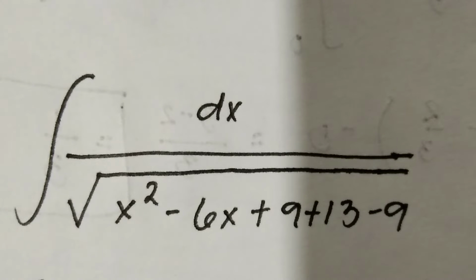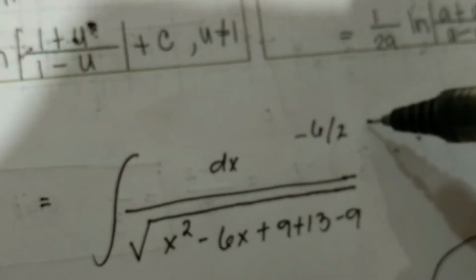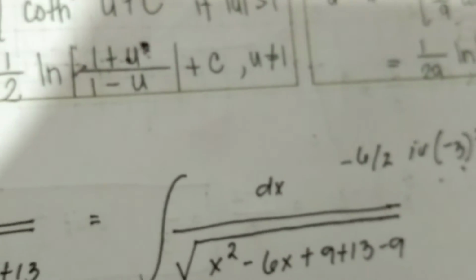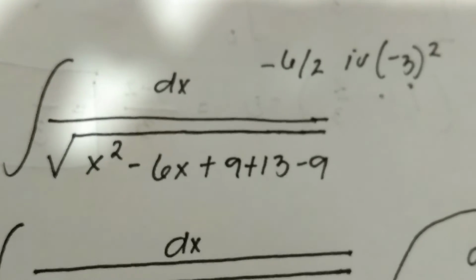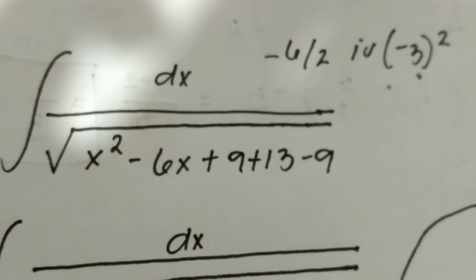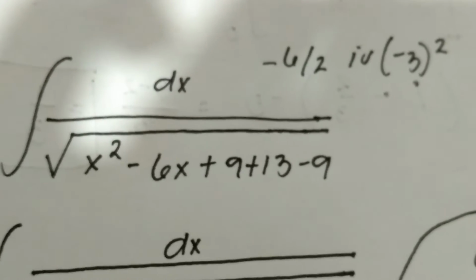For this square to be completed, let's divide the numerical coefficient of x, which is negative 6, by 2. Negative 6 over 2 is negative 3, squared. So we have dx over square root of x squared minus 6x plus 9.